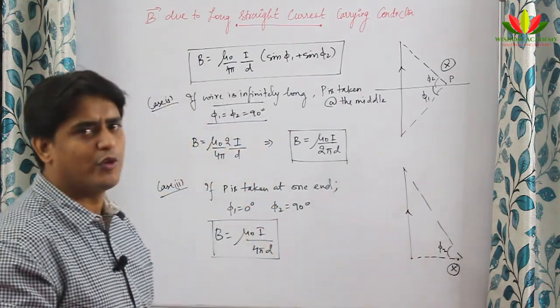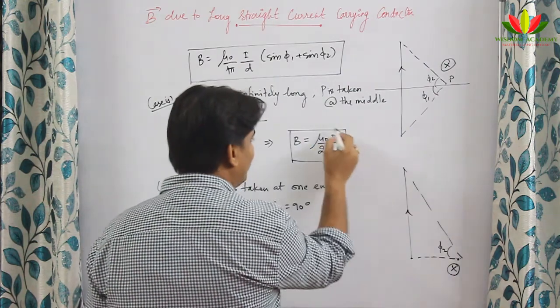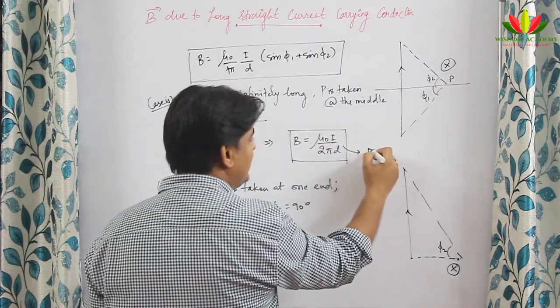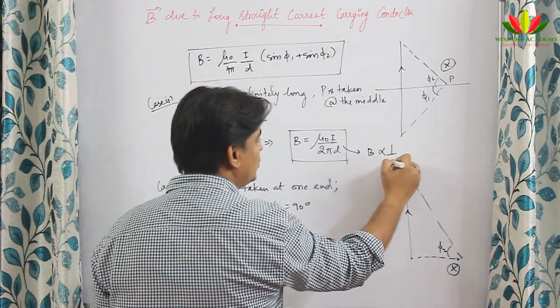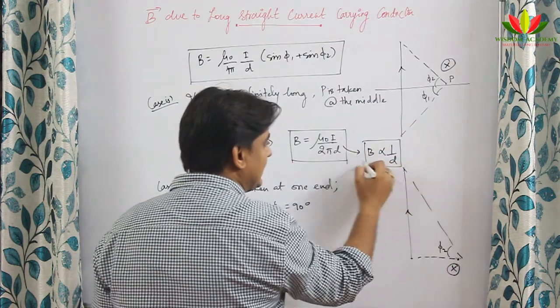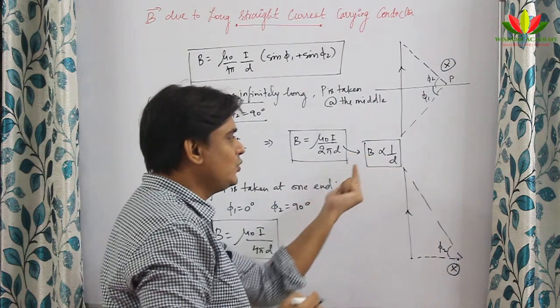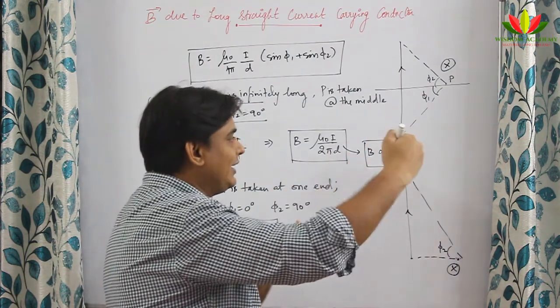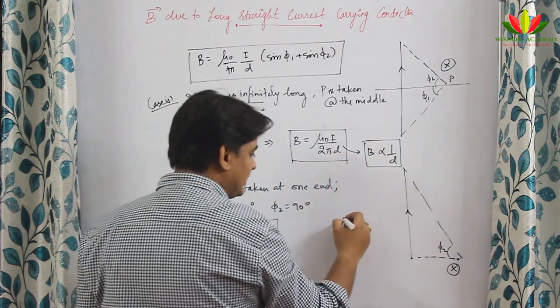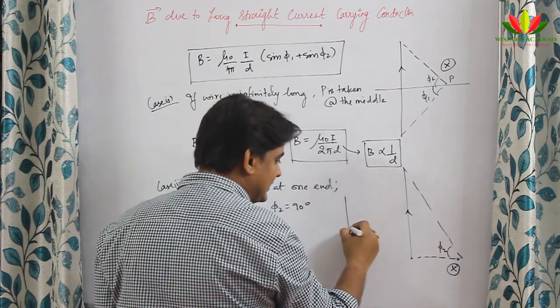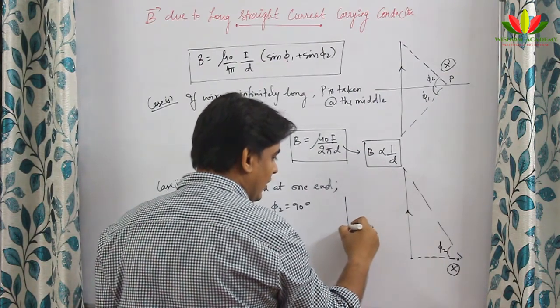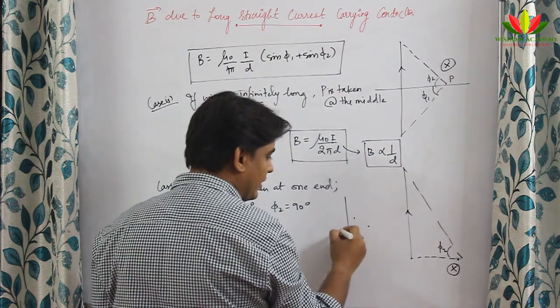One more thing you will know from here. What you are knowing from this equation is that B is inversely proportional to d. That means this B is inversely proportional to the distance of that point from that wire. So suppose there is a wire going, and the d distance from this point here or here or here.